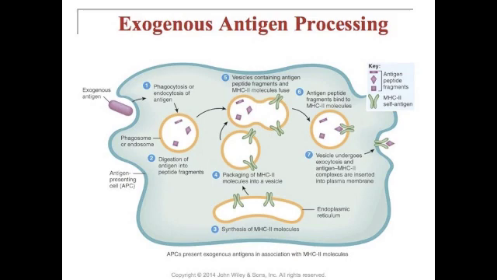And at the 7th step, insertion of antigen MHC2 complexes into the plasma membrane. The combined vesicle that contains antigen MHC2 complexes undergoes exocytosis. As a result, the antigen MHC2 complexes are inserted into the plasma membrane.